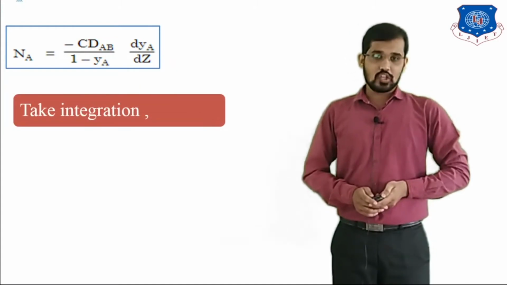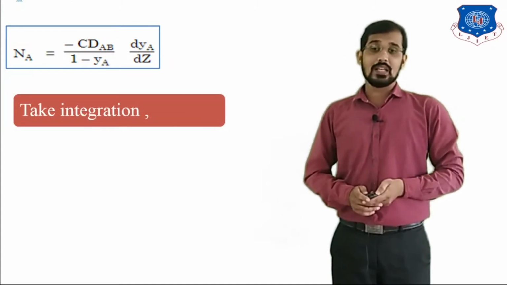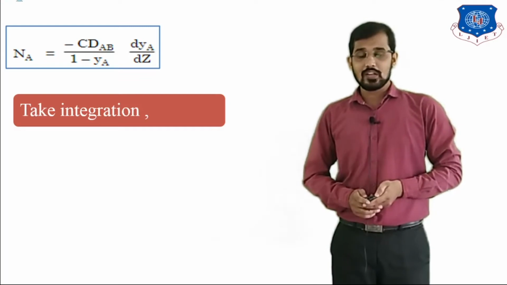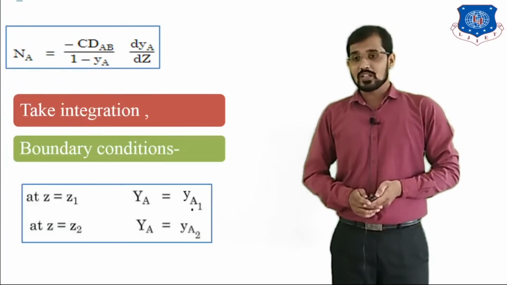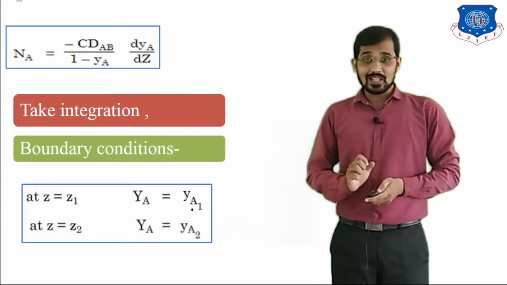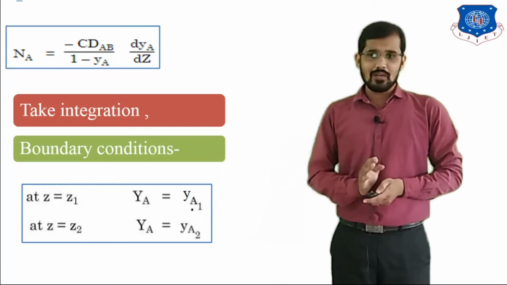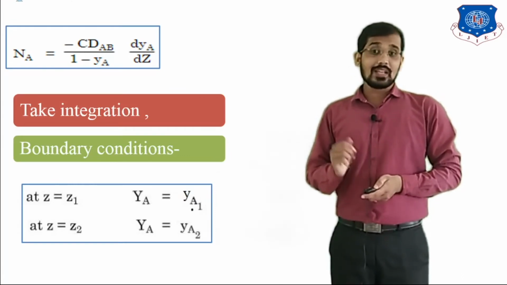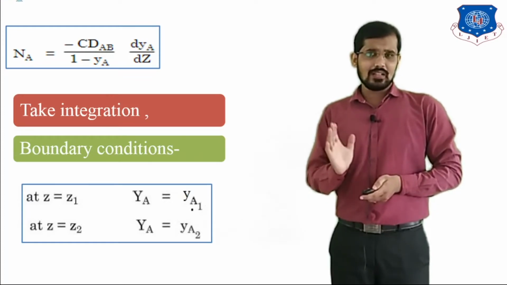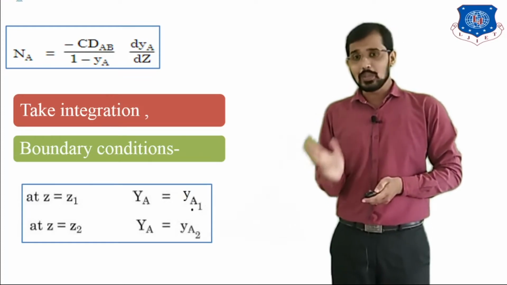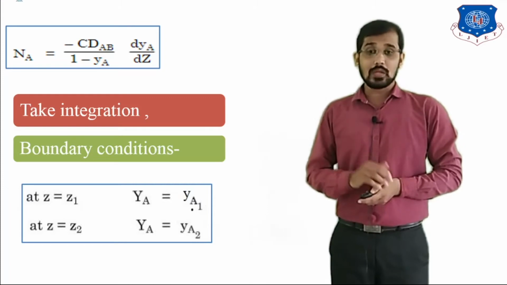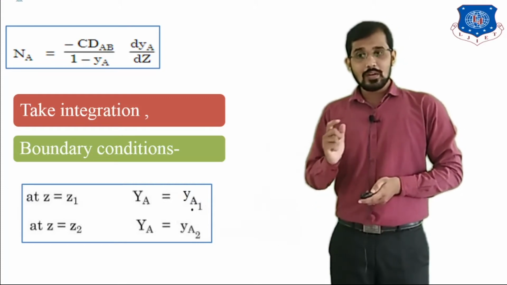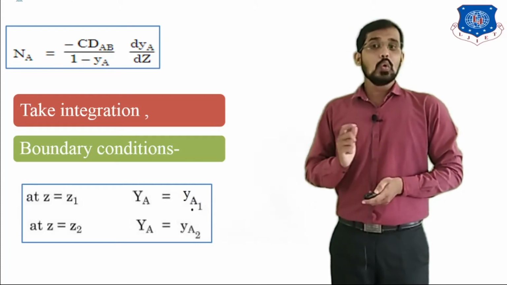So take integration. For integration, there is a boundary condition. You can see the boundary conditions on the screen. Z is the distance. So at Z = Z1, Y_A, the mole fraction of component A in the gaseous phase, is Y_A1, and at Z2 it is Y_A2. So take integration from Z1 to Z2 and Y_A1 to Y_A2.